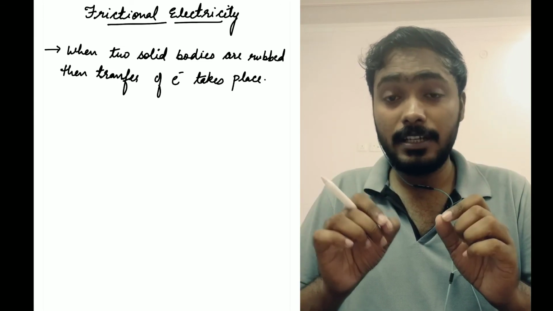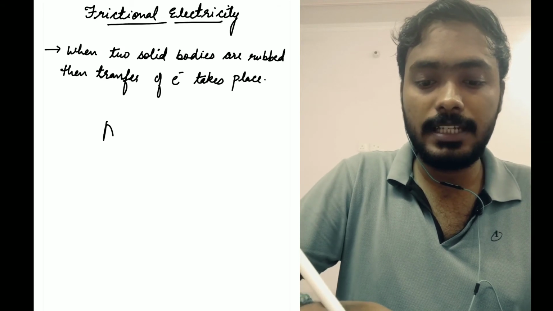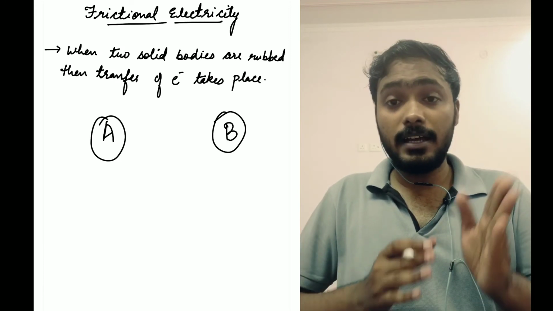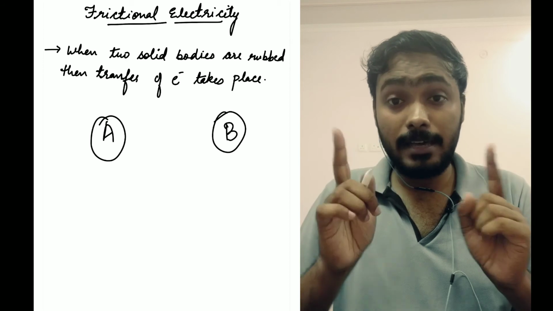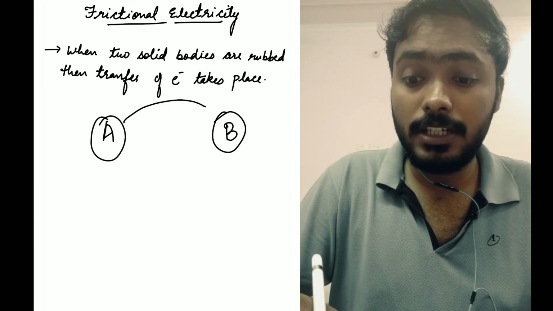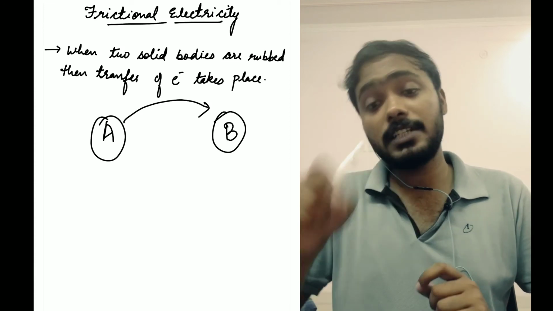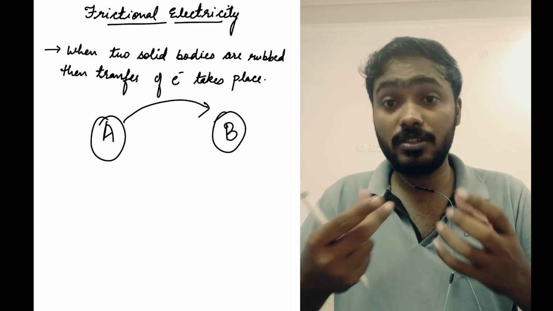For example, I have two bodies, body A and body B. Let's say these two bodies are rubbing each other. When they are rubbing each other, the electrons are being transferred. This is important. This transfer is what you call frictional electricity, or frictional transfer.